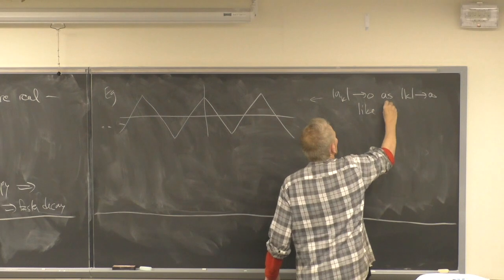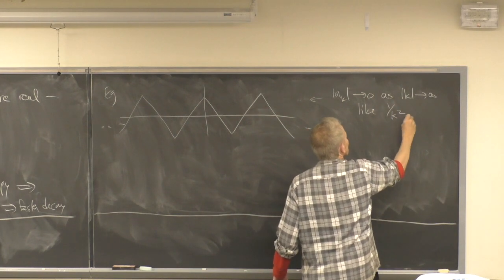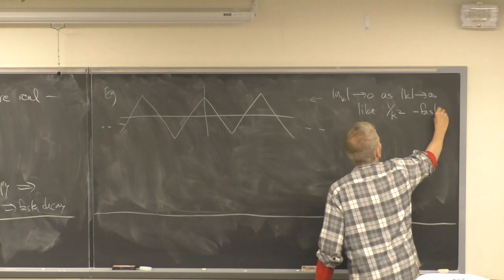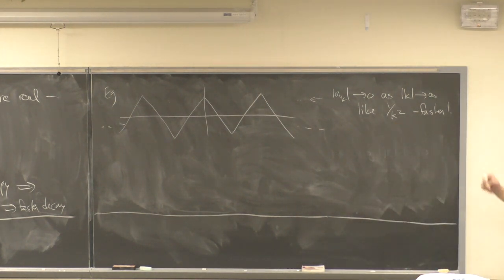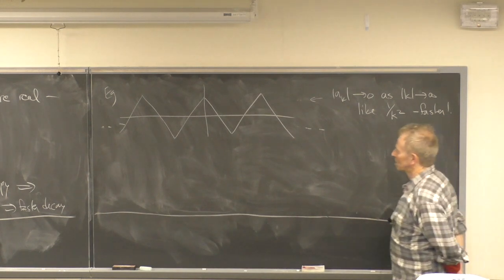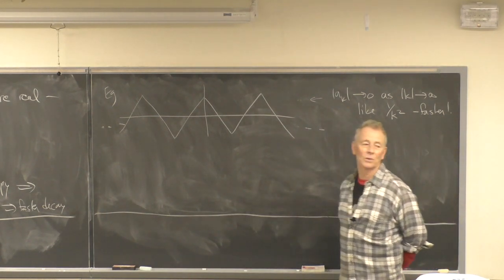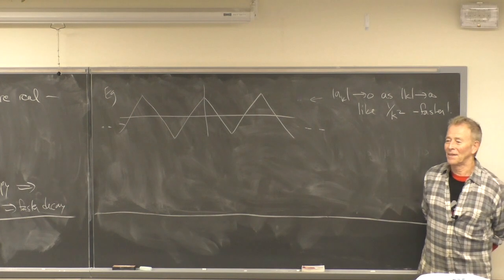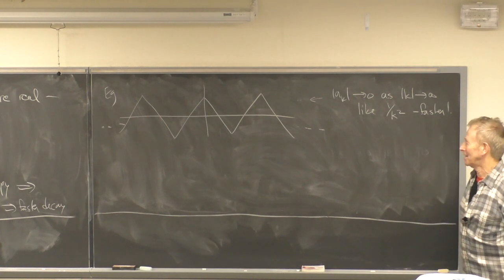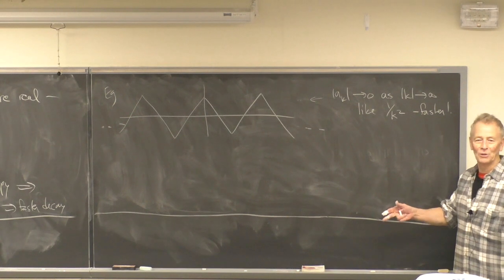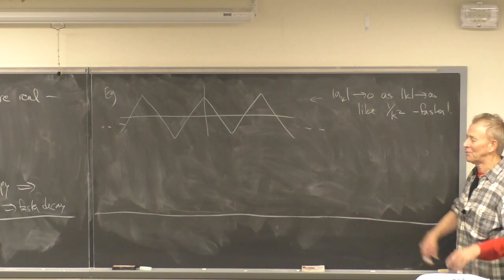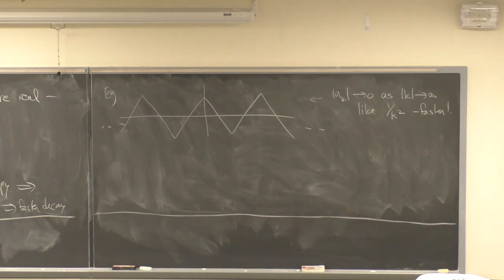And that's faster than 1 over k. And if x of t is just a pure sinusoid or a finite sum thereof, then the AKs are nonzero only for a finite number of k values, because there's only a finite number of terms. So they go to 0 infinitely fast, if you will. All right, so that's just a general feature.